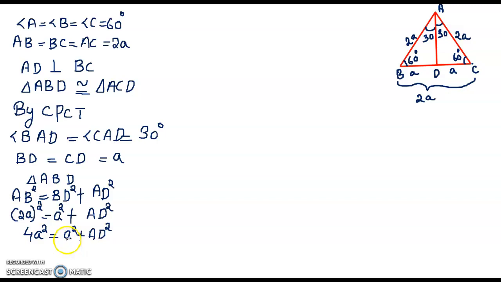Again I transpose this plus A square to this side, it becomes minus A square. So 4A square minus A square is equal to AD square. What is 4A square minus A square? That is 3A square. Therefore AD square is equal to 3A square.